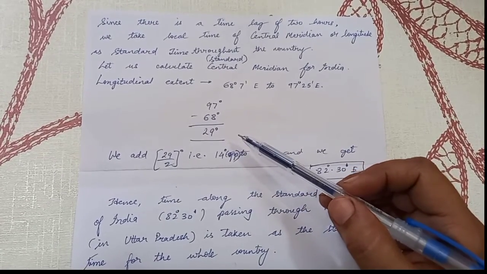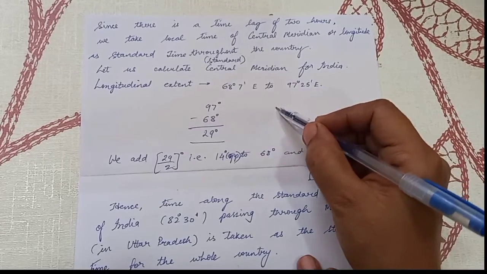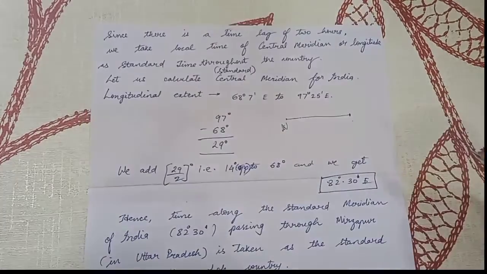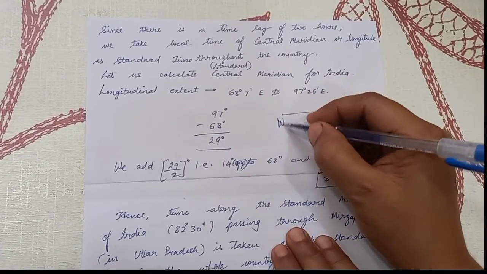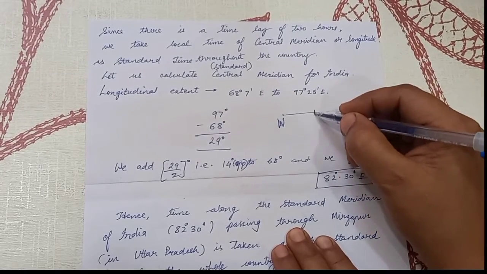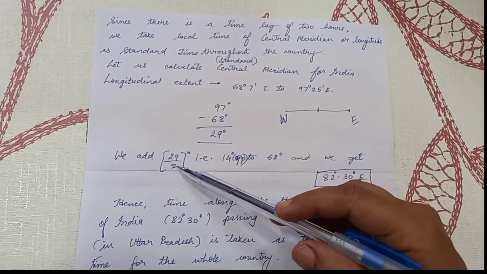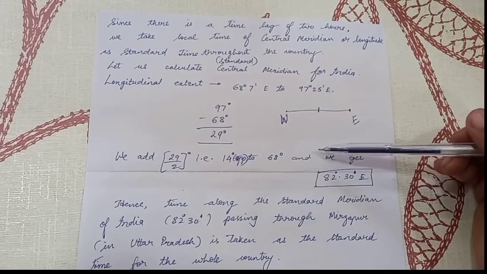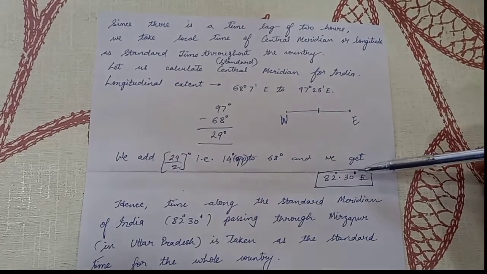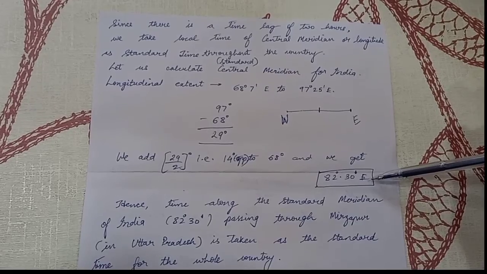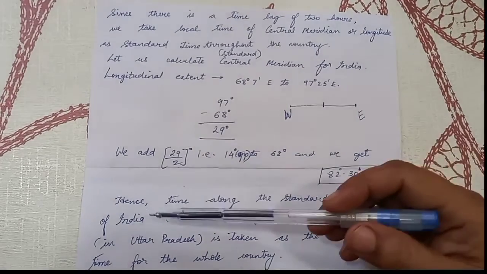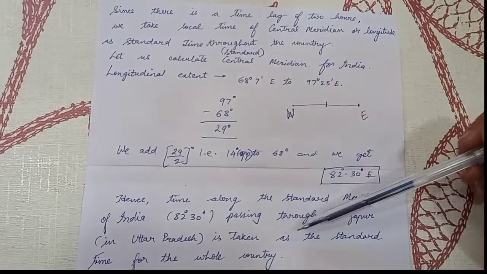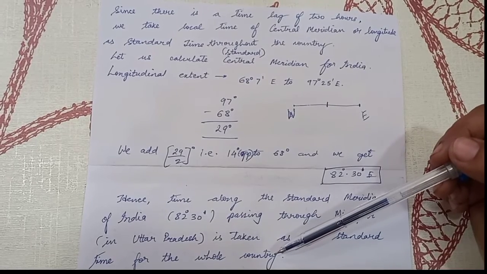Now to get the center, the middle of this extent from west to east, we add 29 upon 2 degrees, that is 14 degrees approximately, to 68 degrees, and we get 82 degrees and 30 minutes east. Hence, the time along the standard meridian of India, 82 degrees 30 minutes, passing through Mirzapur in Uttar Pradesh, is taken as the standard time for the whole country.